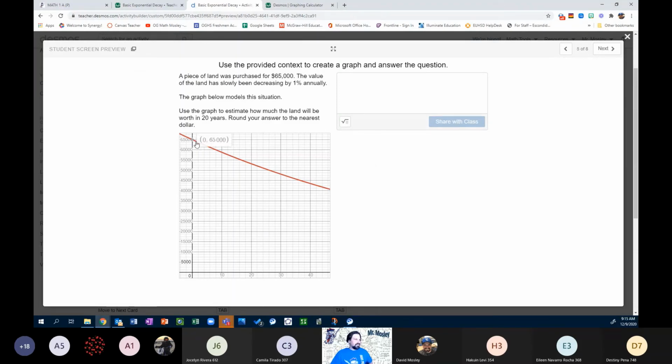So if we use the fact that I can click on this line and drag a point, I want to drag a point so the first coordinate, which represents the number of years, is 20. That's our x value. So I'm going to try and get as close to 20 as I can. Excellent. So it's going to be right there.